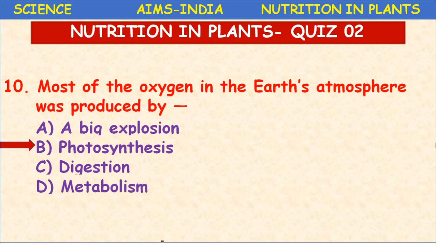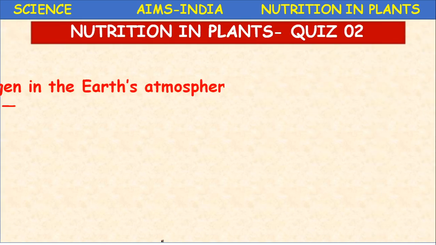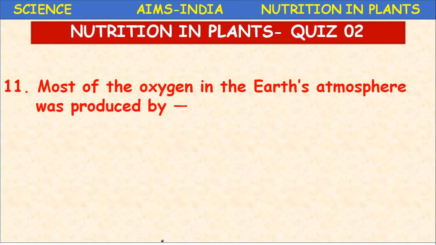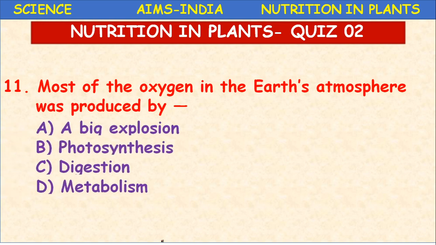Okay, fresh air. That's the reason why for recreation we go to the parks, where you can obtain more oxygen, isn't it? Okay, let us proceed. Most of the oxygen in the Earth's atmosphere was produced by photosynthesis.